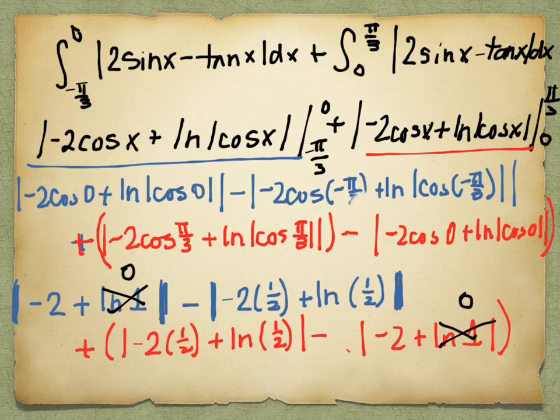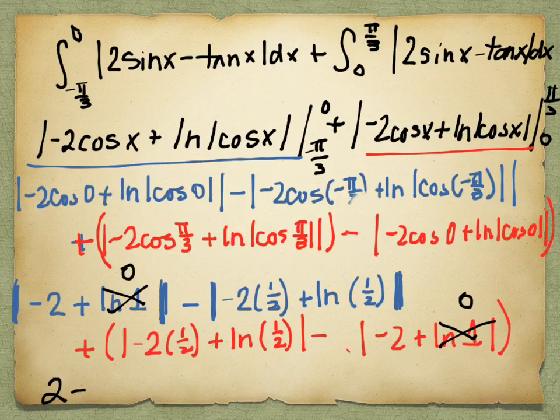So let's take these pieces out of their absolute values now. So I've got the absolute value of negative 2 here, which is actually 2, minus, over here, I've got negative 2 times 1/2, so that's negative 1, plus natural log of 1/2.